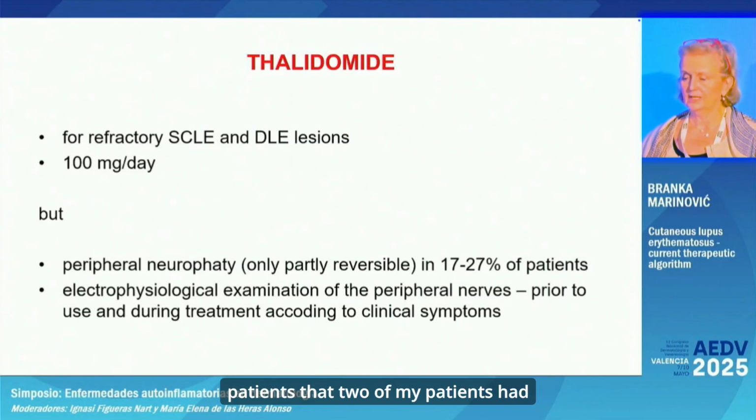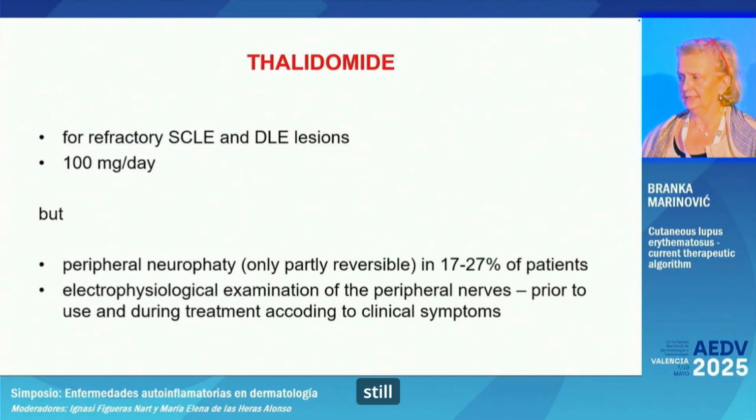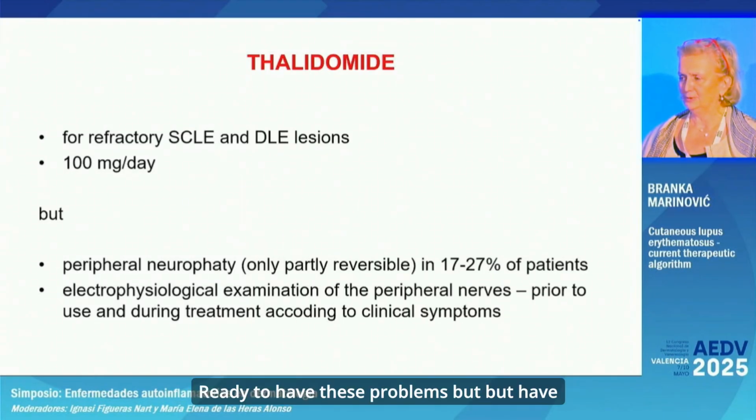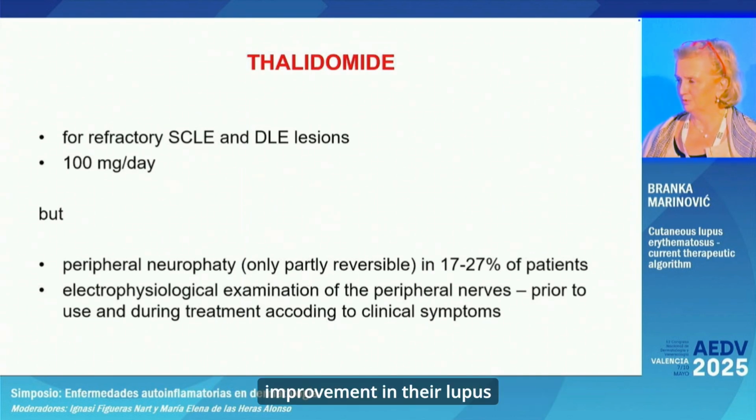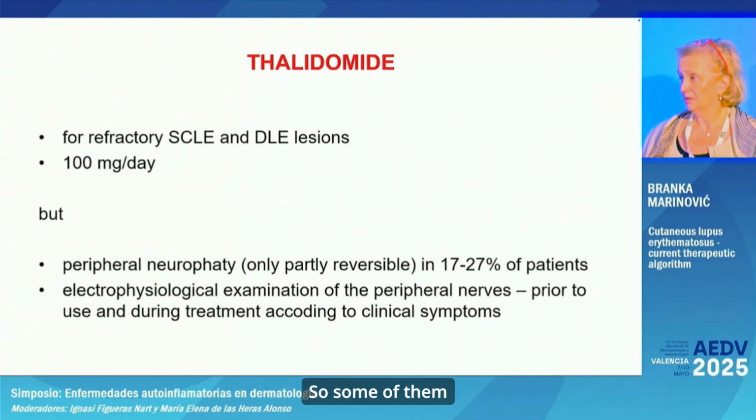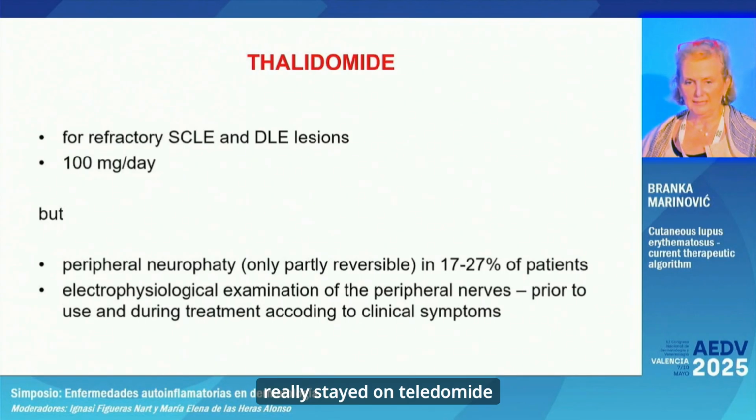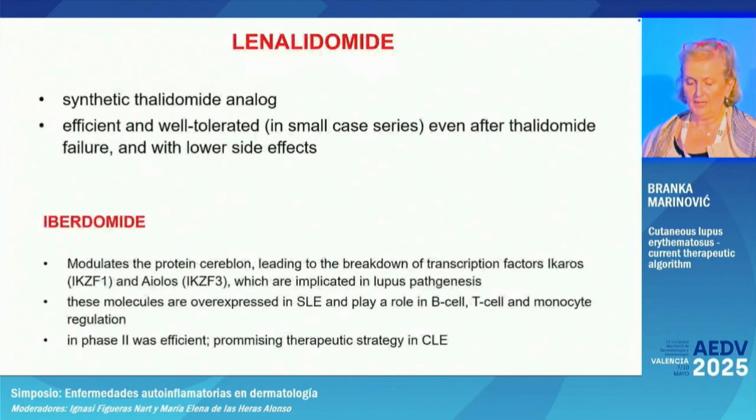Two of my patients had peripheral neuropathy, but they were still ready to have these problems because they had improvement in their lupus. So some of them really stayed on thalidomide.